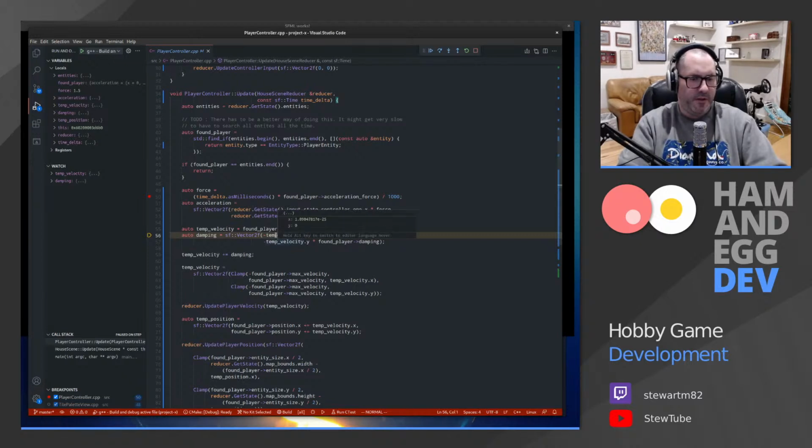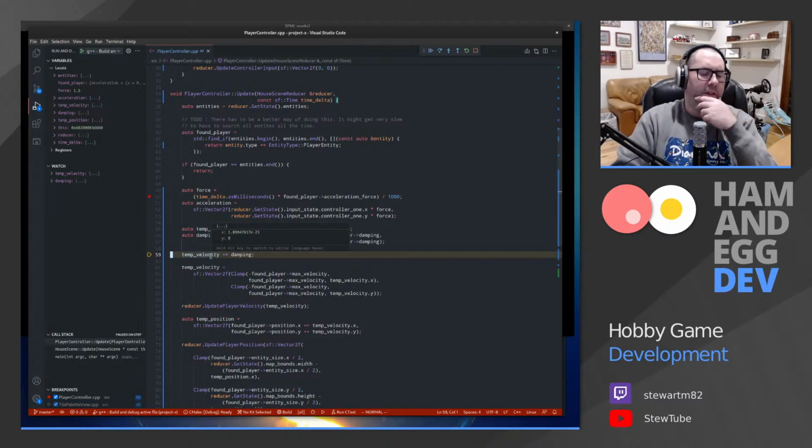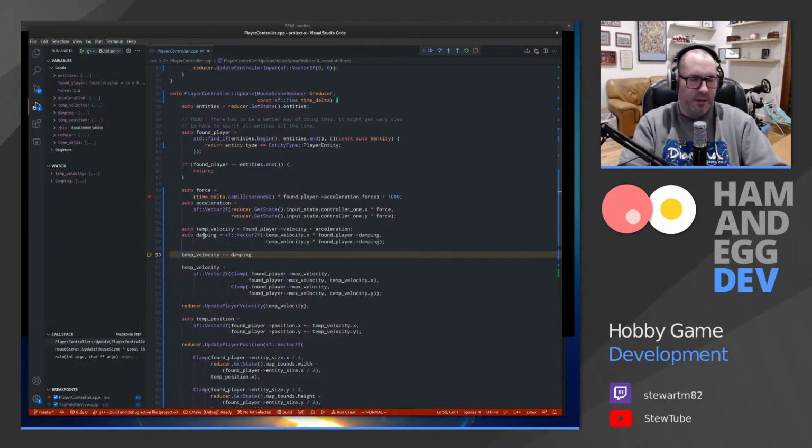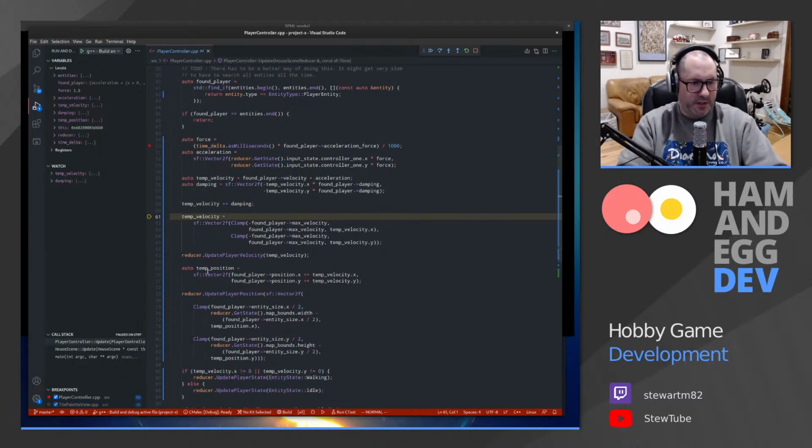Then we invert that velocity and apply that to the temporary velocity. We clamp the temporary velocity.